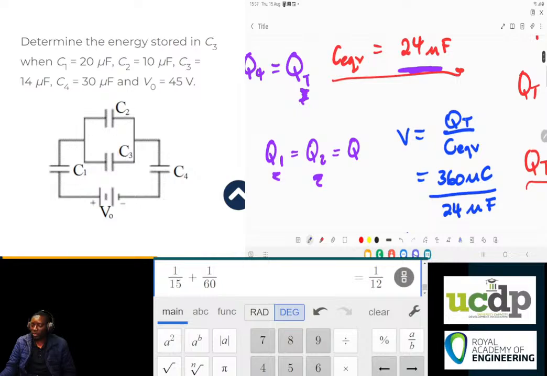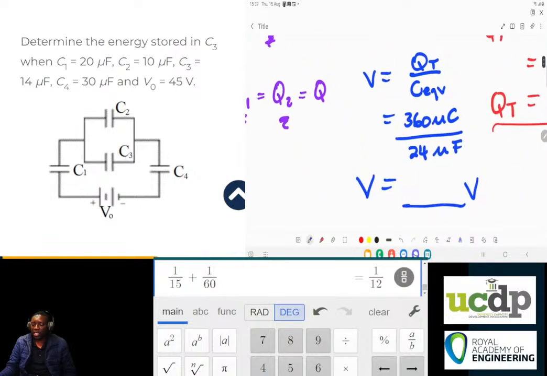So we say this same value, 360 microcoulombs over 24 microfarads, gives us a certain voltage. And what is that voltage? It's 15. 15.